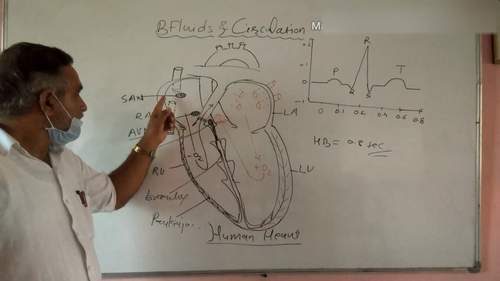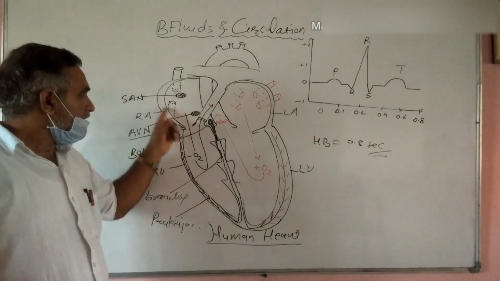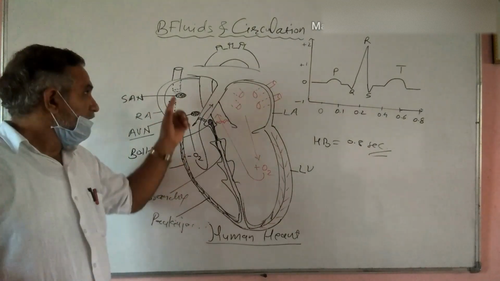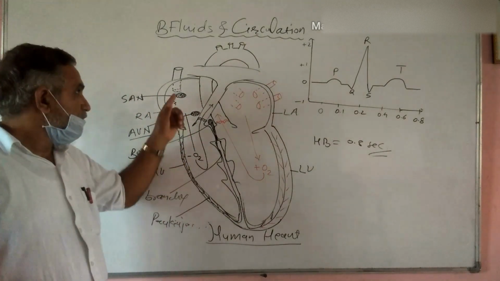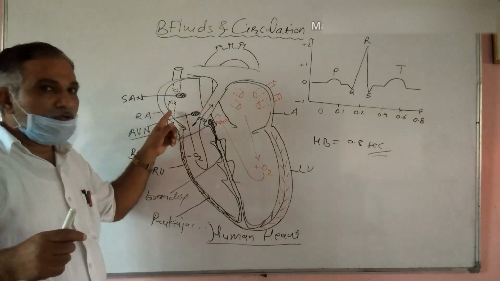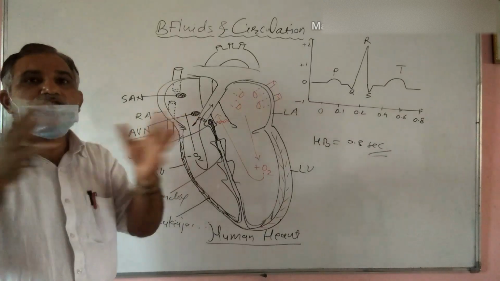So what happens here? See here, this sinoatrial node and here the muscles of the wall of the heart. Between these two tissues, because one is a modified nodal tissue and the other is the heart wall, an ion exchange mechanism takes place.